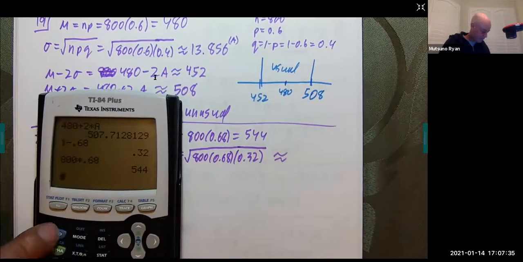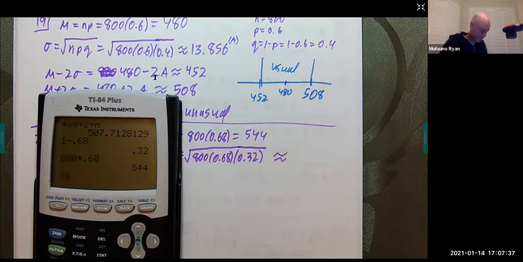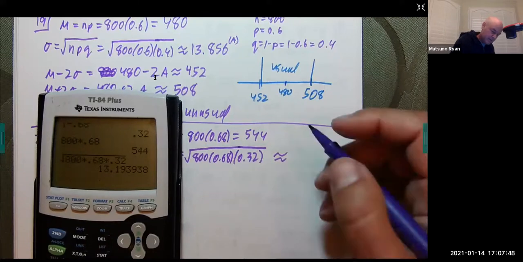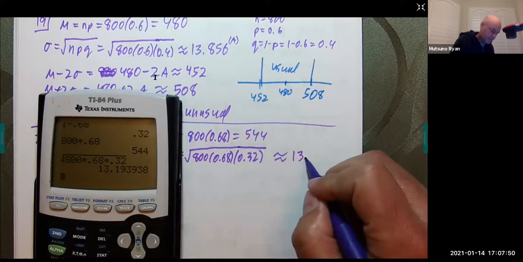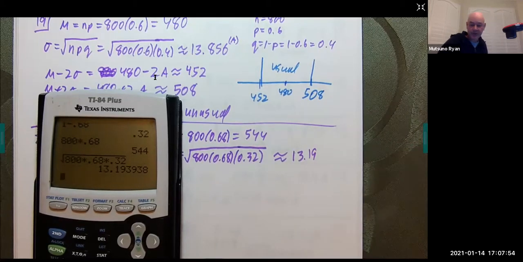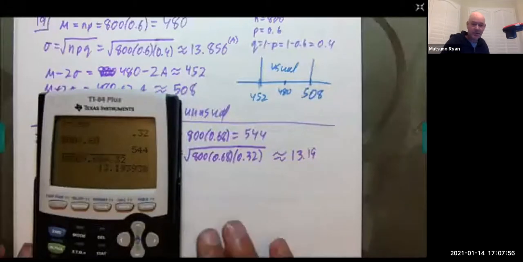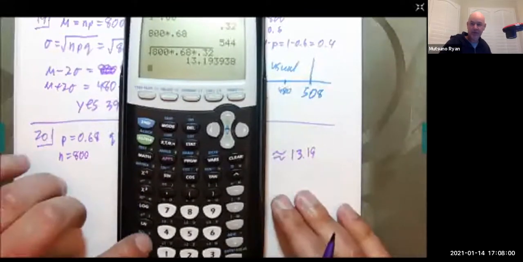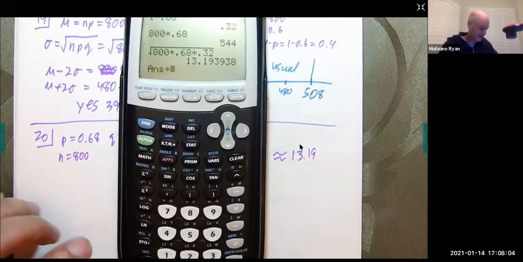So we do square root of 800 times 0.68 times 0.32. And like I did before, I'm going to store that. Just to make sure we remember how to do that, I'm going to store it into alpha A.